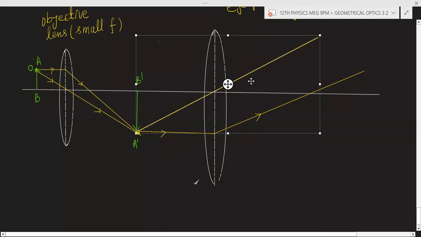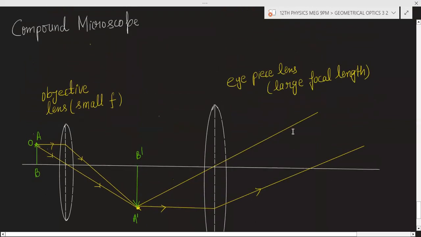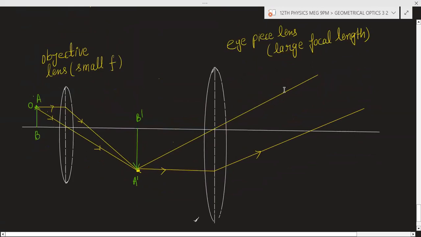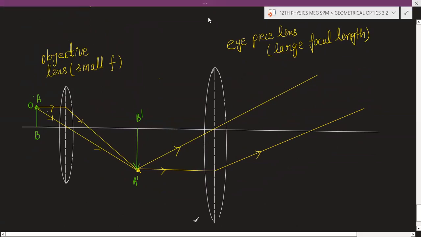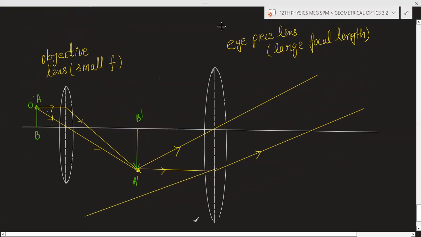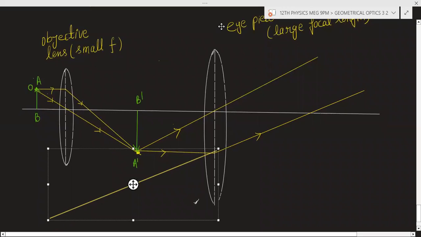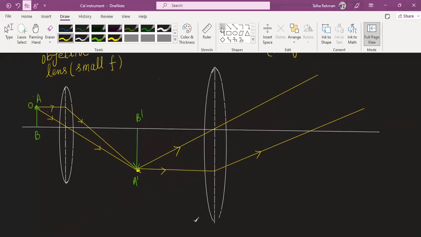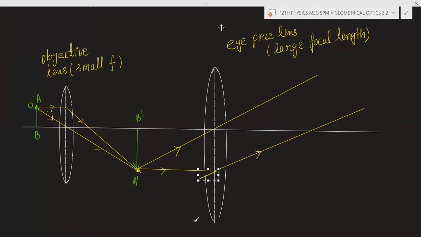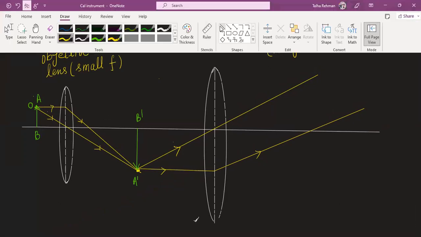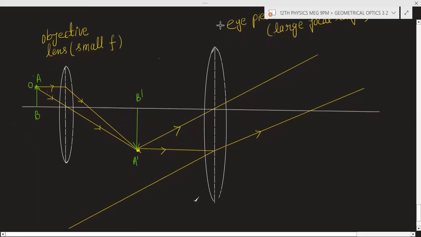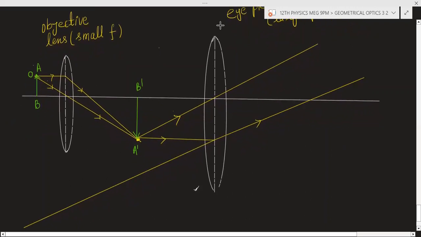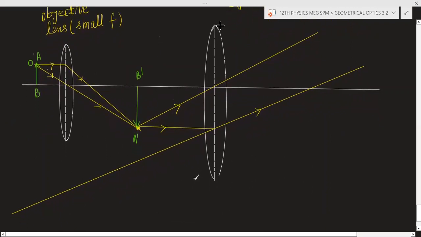So you can see both these rays are not parallel. These are diverging rays, and diverging rays will never meet. So what we will do is produce these rays in the backward direction, like this, and somewhere here these rays will meet.